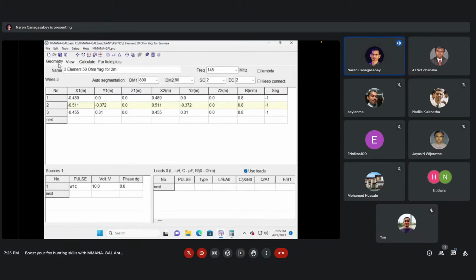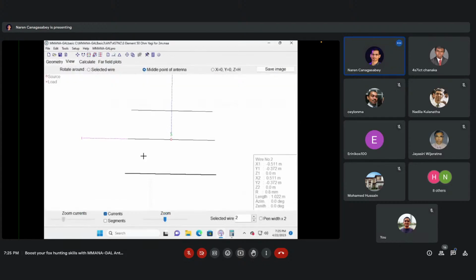If we divide that by 2, we get 0.511. Again, minus and plus. Here you can see minus 0.372 and minus 0.372. So this is that element. This is the spacing. 0.372 is the spacing from the y0 to the final point.